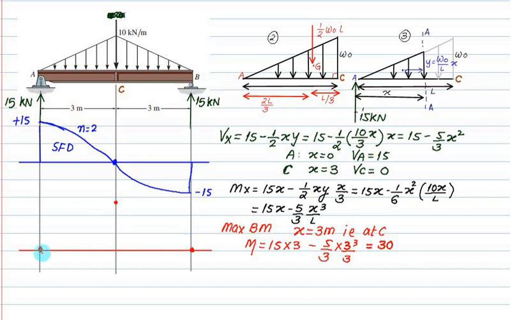If I join this point and this point, is it a downward parabola or a downward cubic parabola? So it's a minus x cube, meaning the parabola is downward. So even if I draw it on this side also, it doesn't mean that the parabola is positive. It's a downward parabola. Is it correct? And what is the maximum value of bending moment? It is 30.